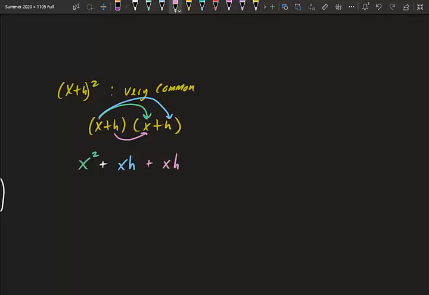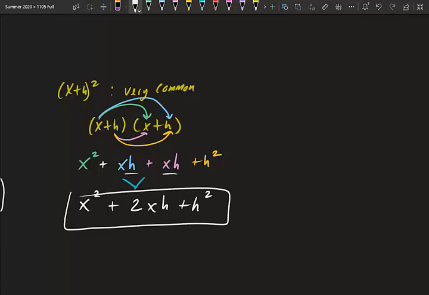I don't know why we do it that way, we just do it that way. But x always goes first when it's h times x. And then last we have h times h, which is h squared. So we combine like terms in the middle. We have x squared plus, we have two of these, so 2xh plus h squared. So just have that memorized.